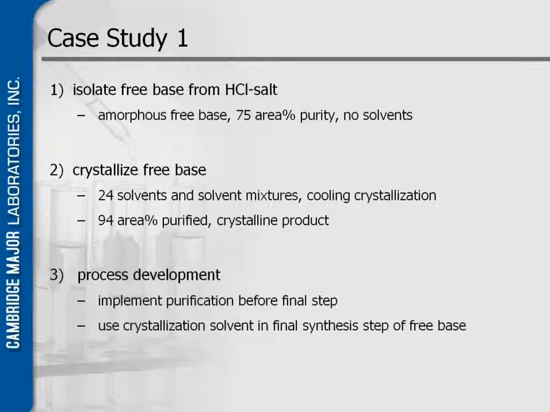There the main impurities were already present, and the purification was very useful at that moment. The crystallization solvent in the final step was also used as the final synthesis step of the freebase itself. After that, the HCl salt was immediately prepared, so it could not be implemented as a purification there.